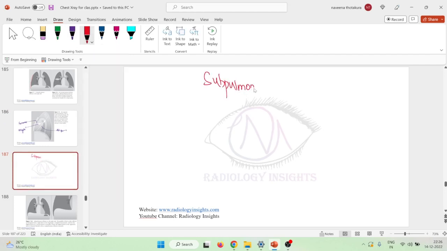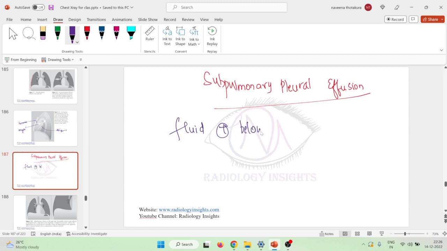In this subpulmonary pleural effusion, as the name says, the pleural effusion, or the fluid, is present below the lungs. That is subpulmonary pleural effusion. This is easier to detect on the left side than on the right side.